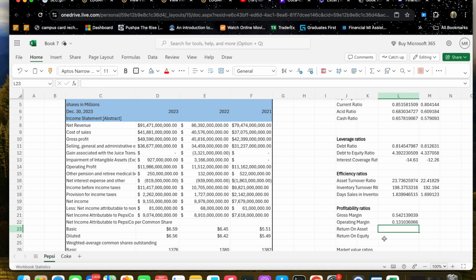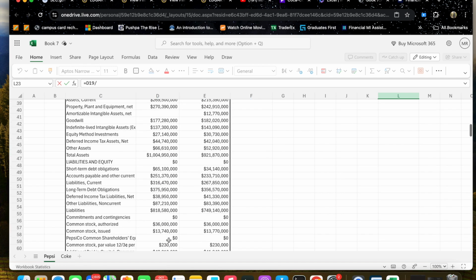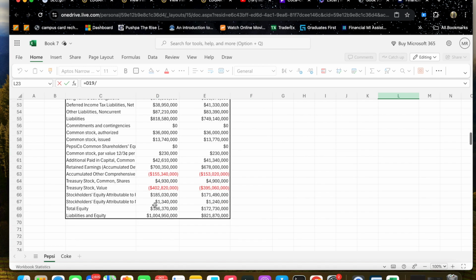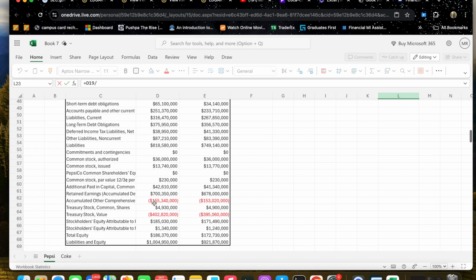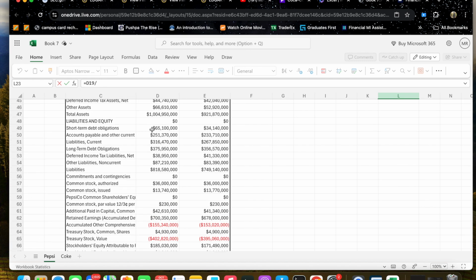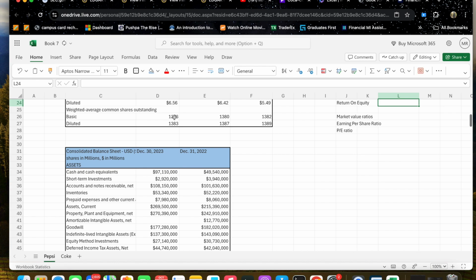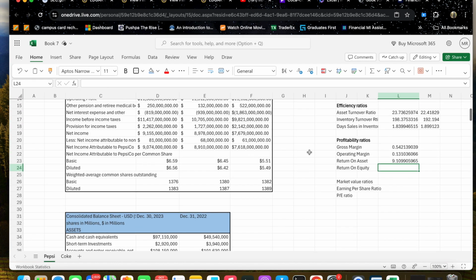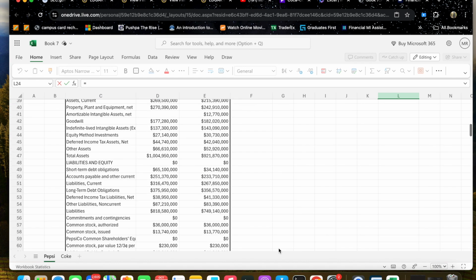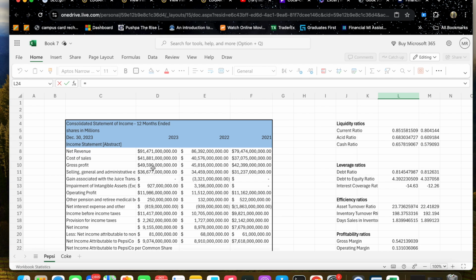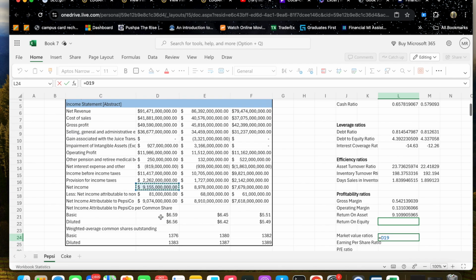Gross margin is the gross profit divided by sales, operating margin is operating profit divided by sales, return on asset is simply the net income divided by total asset, and return on equity should be net income divided by shareholders equity.